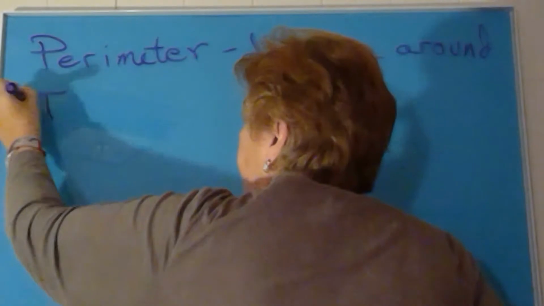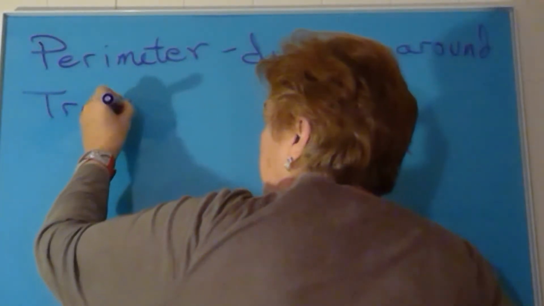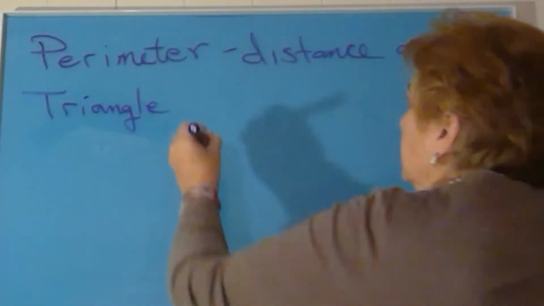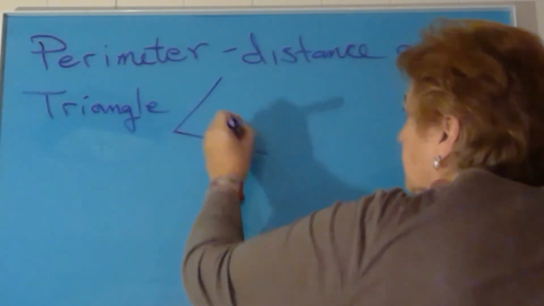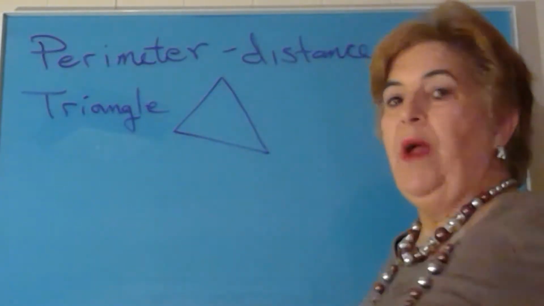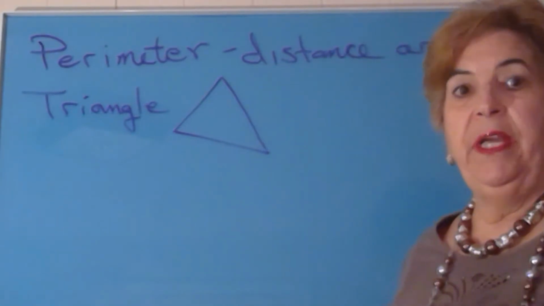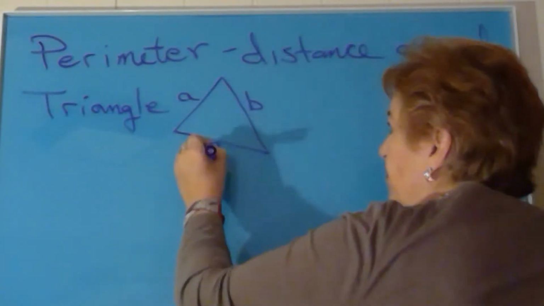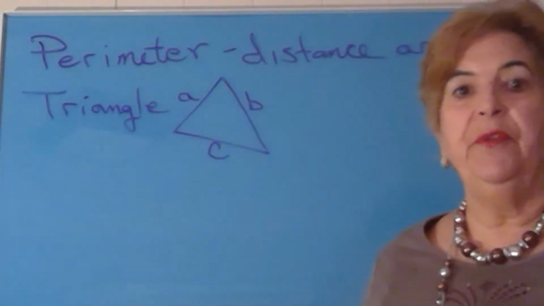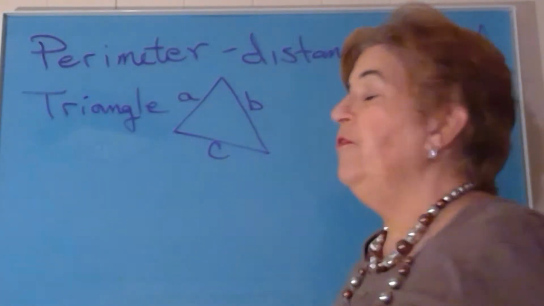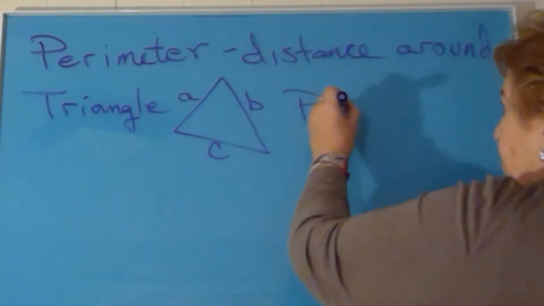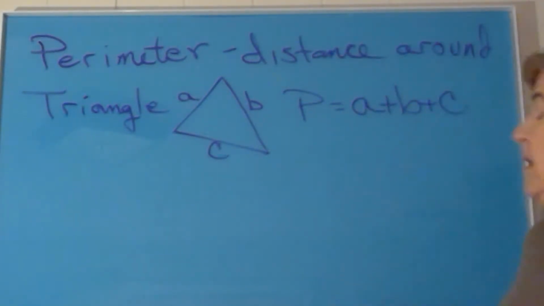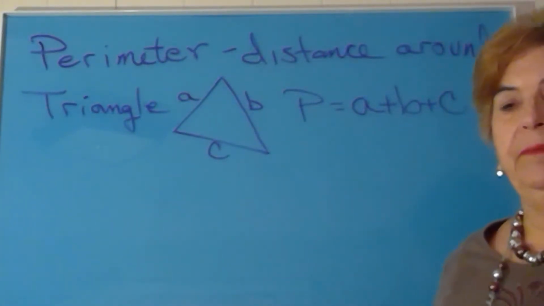With a triangle, if you have a triangle and you don't know anything else about the triangle, then we assume that it probably has 3 different lengths of sides. So to find the perimeter, the distance around, we simply add the measurements of the 3 sides together.